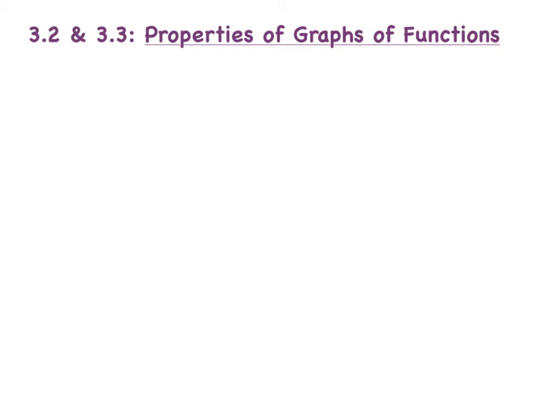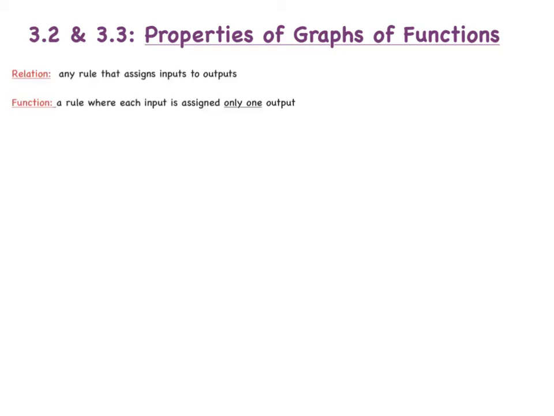So let's start with probably one of the most important things, which is: is the graph that we're looking at a function or not? If you remember from 3.1, we discussed the difference between a relation and a function. A relation was any rule at all that assigns inputs to outputs.